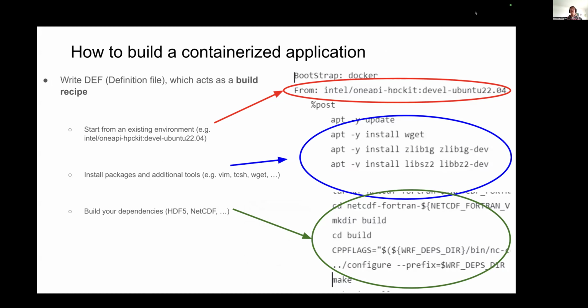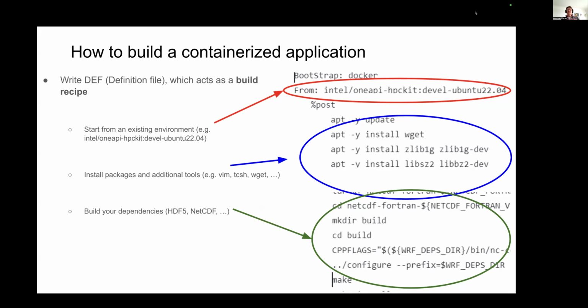On the top, we're going to start from an existing image, which already has the compilers and MPI, as well as Ubuntu, the Linux operating system, installed. But you can start from a different image that would have maybe GCC or other compilers, maybe the NVIDIA compilers.